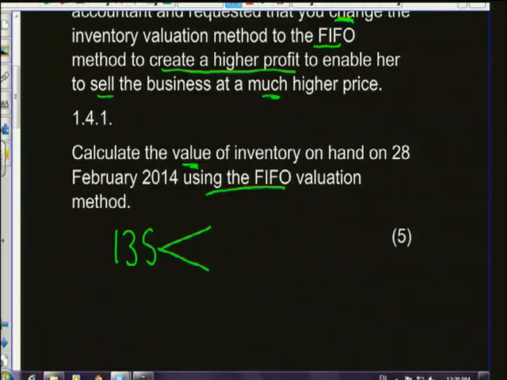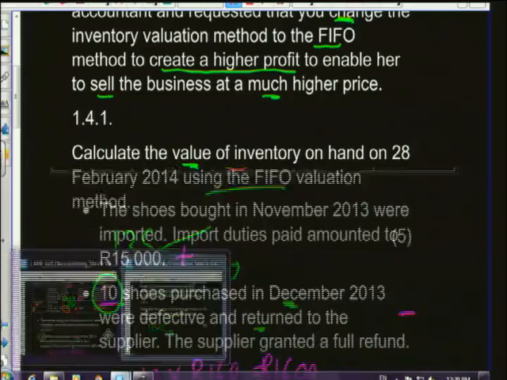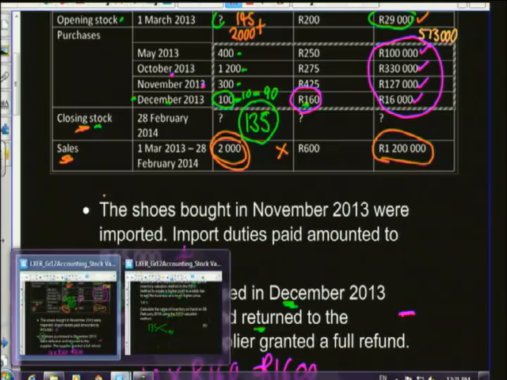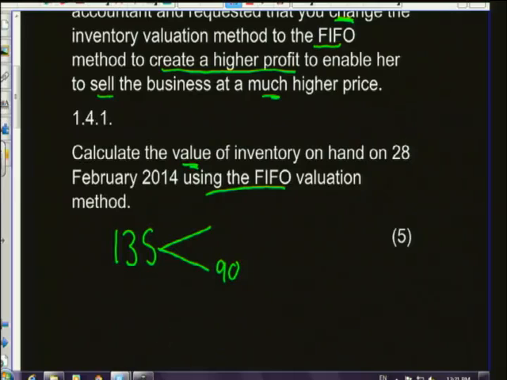Okay. So we've obviously got 90 pairs of shoes that were purchased in the most recent month, which was the month of December. That 90 pairs of shoes were purchased at a cost price of, let's go back to December. December, we purchased each pair at a cost price of 160 Rand. So when we are valuing this particular stock, the 90 pairs times 160.